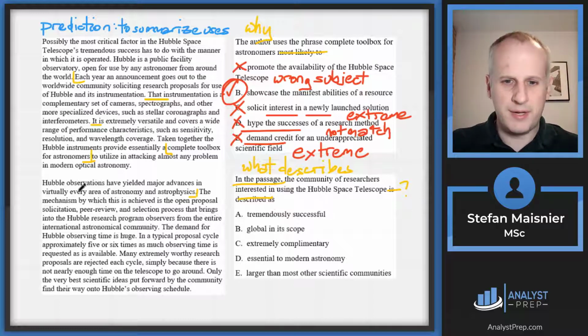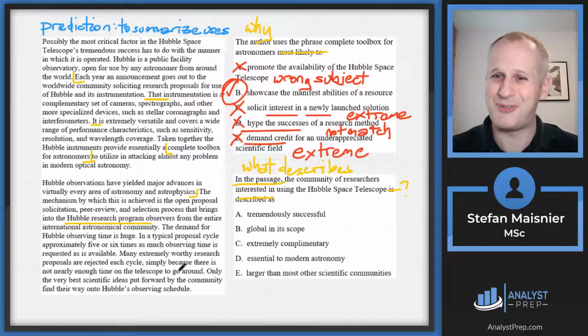So we just keep going from where we were. So the mechanism by which this is achieved is the open proposal solicitation, peer review, and selection process that brings into the Hubble Research Program, and there's our rough approximation of the term, because again, they don't have to give you the exact term, you kind of have to look for it.